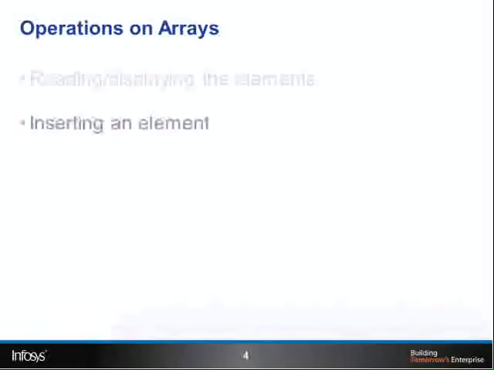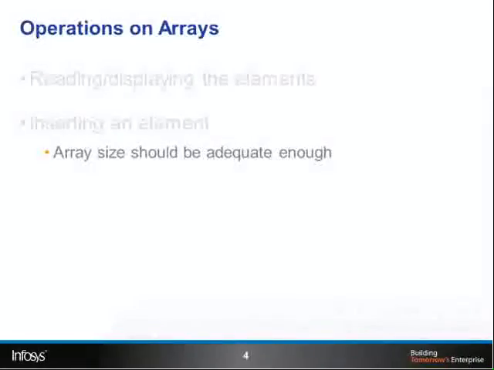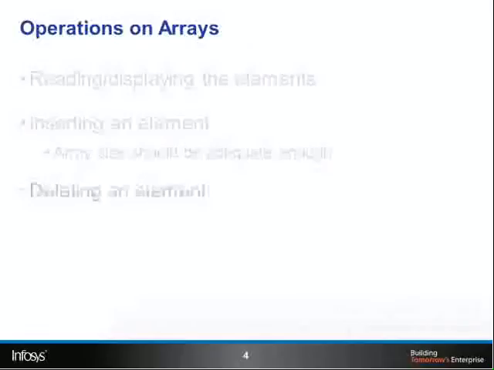The second operation is inserting a value into an array. What is important to note while inserting an element in an array is that the size of the array should be adequate to insert the new element. The last operation is deleting the array element.